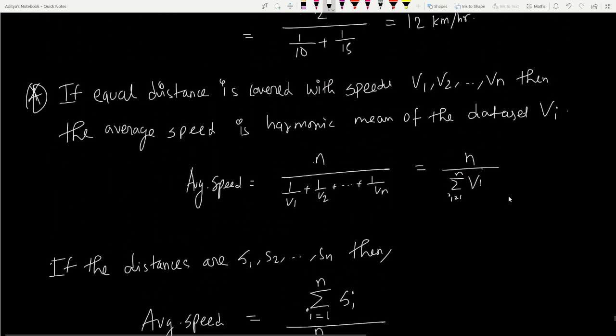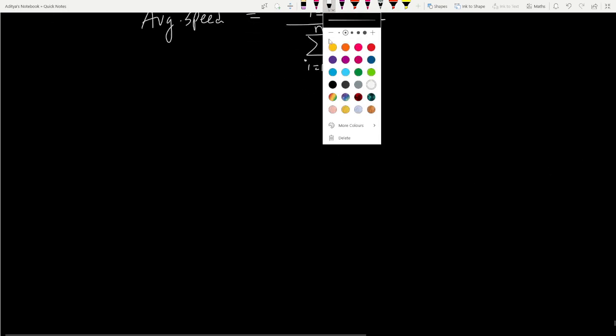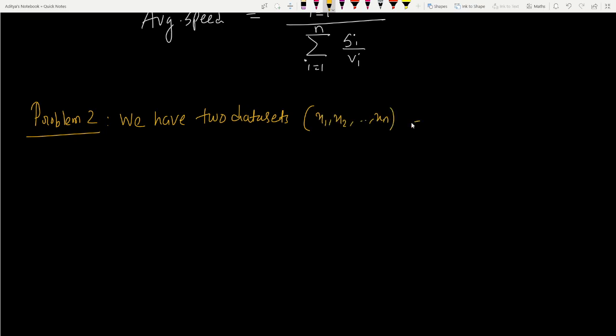So let us see if we can do one more problem. Let's say we have two groups. We have two data sets, X1, X2 all the way up to Xn, and Y1, Y2 all the way up to Yn.